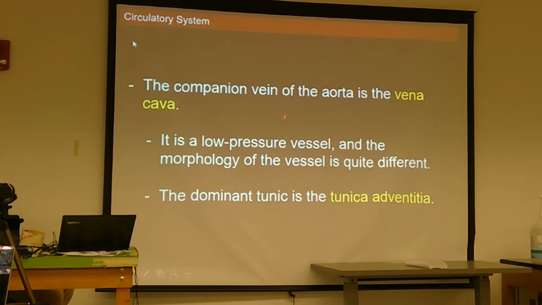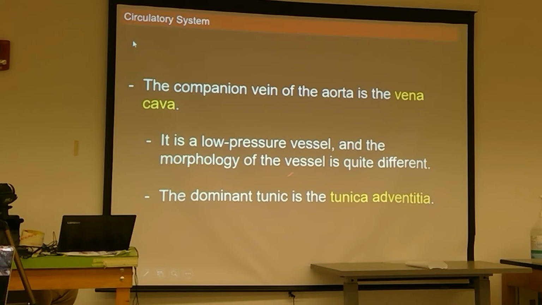So we talked about the elastic artery. The companion vein is the vena cava. So you have a superior vena cava and an inferior vena cava. Those two structures take blood that has gone through the capillaries back up and through the heart. Your aorta comes out and splits to go superior and inferior, but the veins coming back have two vena cava that will then come up.